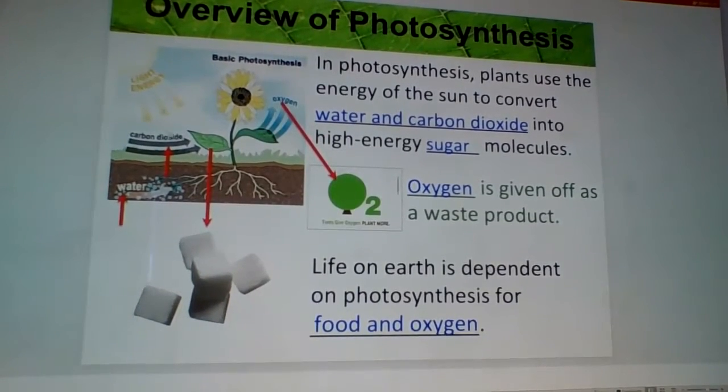Right here, the sun energy is going down. And you're getting water from the ground coming up through the roots. Carbon dioxide is coming in through the atmosphere, and they're all combining inside of the leaf and having a chemical reaction. That reaction combines together to create a sugar, and then oxygen is released as a byproduct.